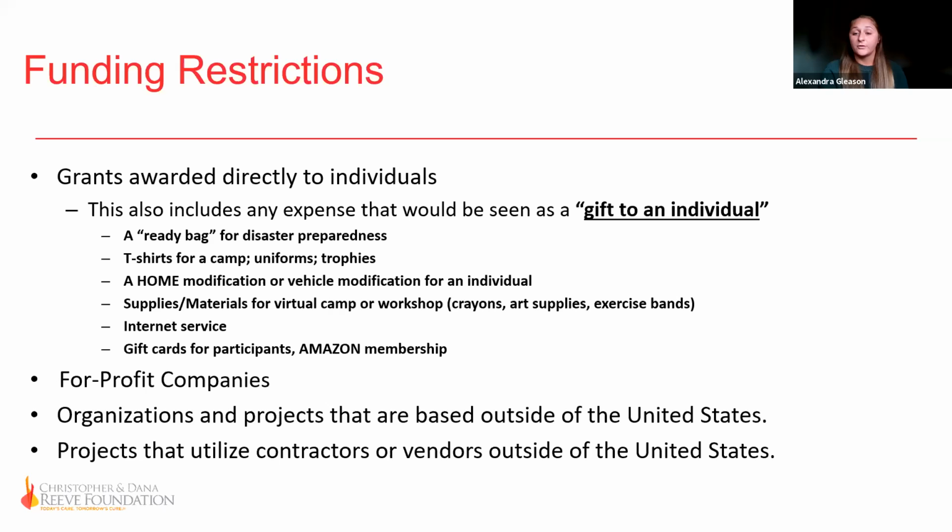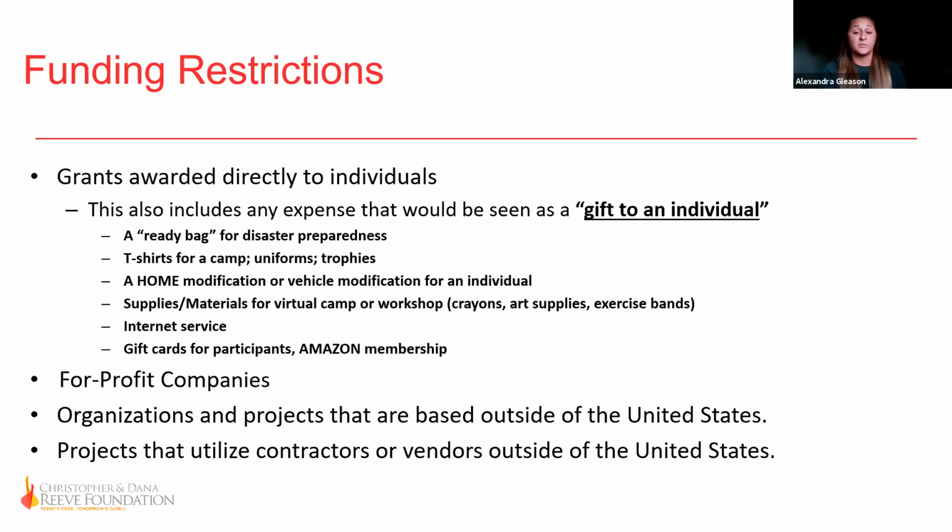In accordance with our federal cooperative agreement, the Reeve Foundation is prohibited from funding the following: grants awarded directly to individuals. This also includes any expense that would be seen as a gift to an individual, such as a ready bag for disaster preparedness, t-shirts for a camp, jerseys and uniforms for a sports team, trophies, a home modification, or an individual vehicle modification.